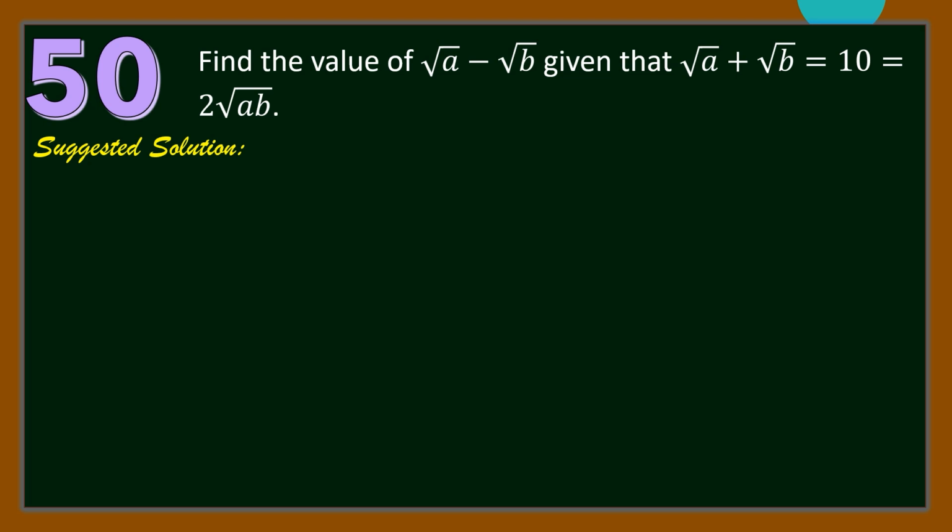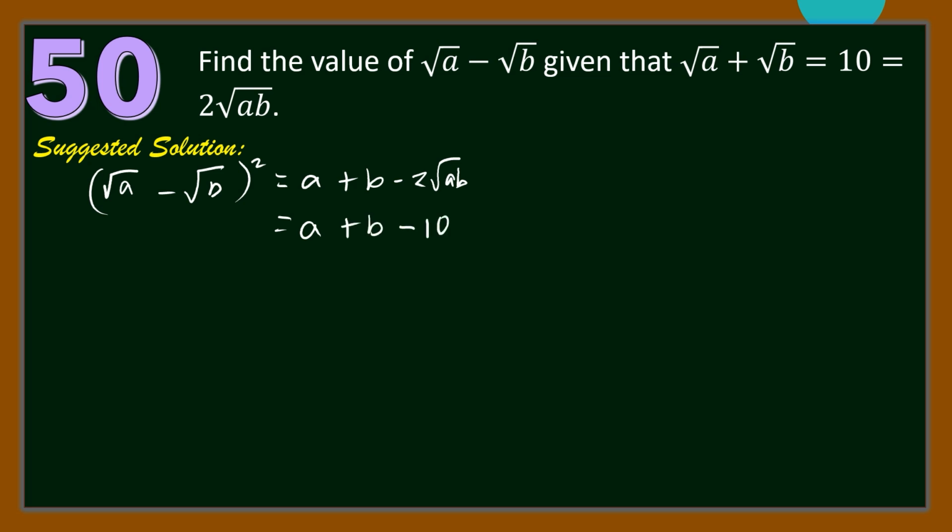For our suggested solution, we know that square root of a minus square root of b squared is equal to a plus b minus 2 square root of ab. So this is equal to a plus b minus 10 since 2 square root of ab is equal to 10.